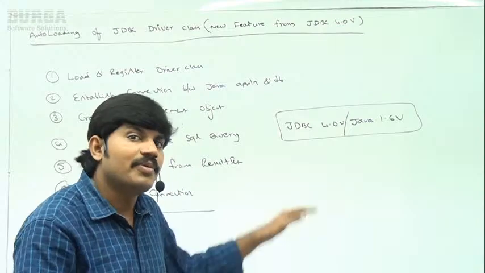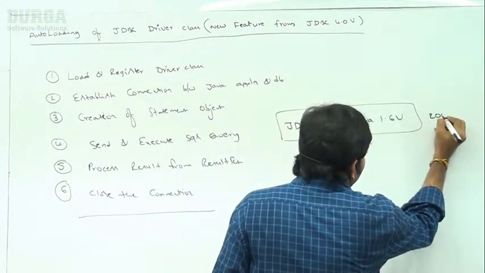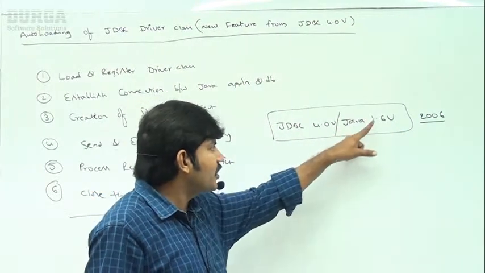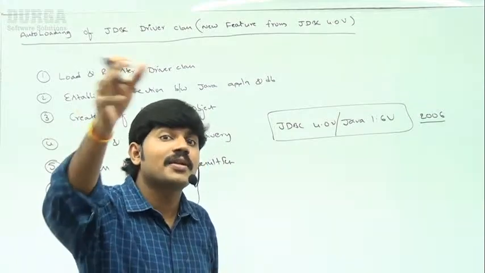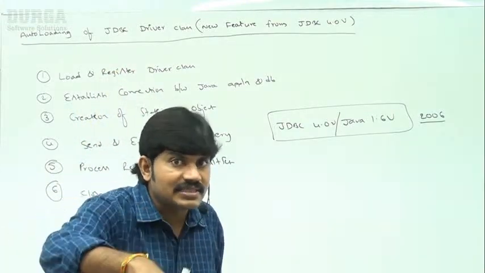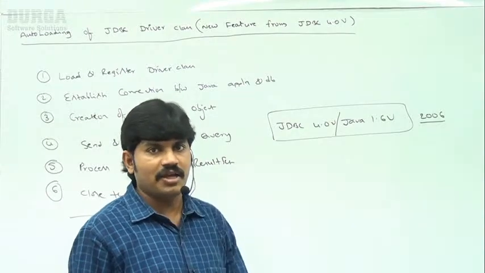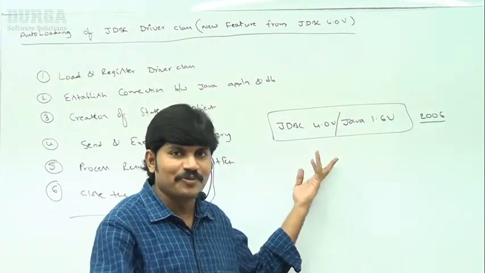But in which year did this new feature come, do you know? 2006 only. Java 1.6 or JDBC 4.0 came in 2006, but now it is 2017. After almost 11 to 12 years we are talking about this as a new feature, which is very unfortunate, but anyway, you should be aware.